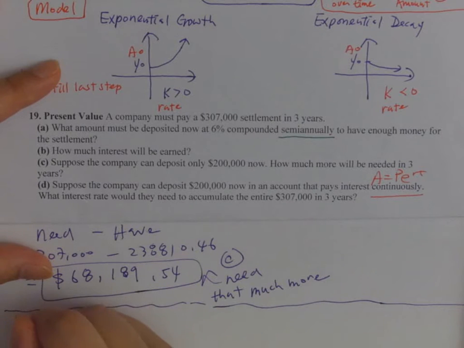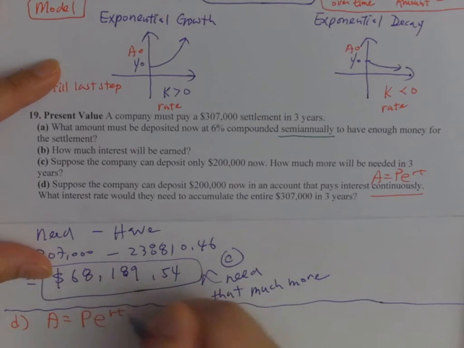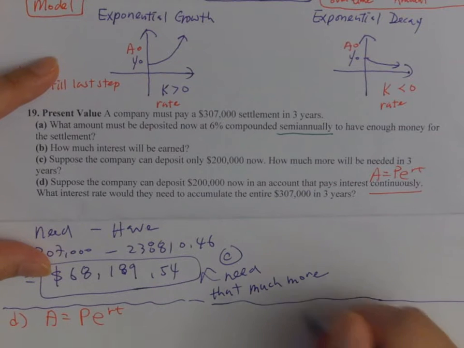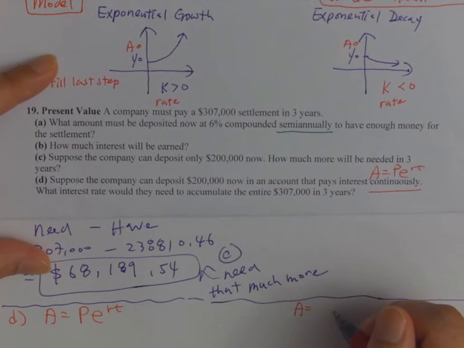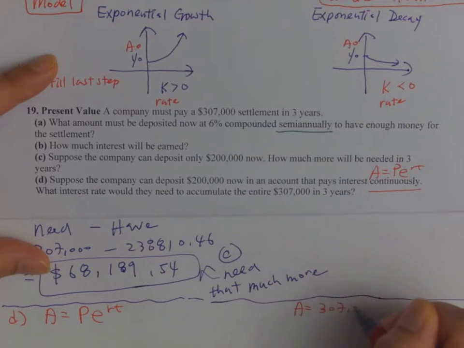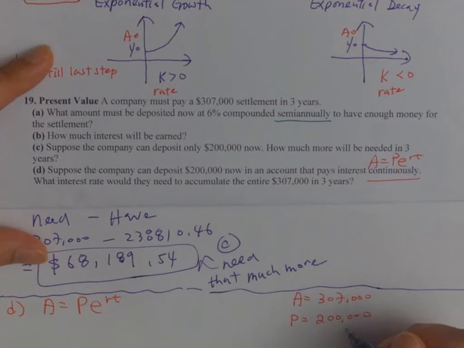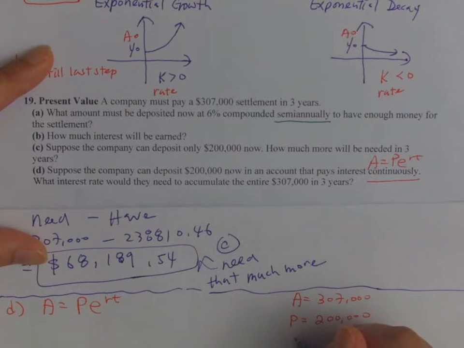So for D, we're going to use A equals Pe^(rt). And we have A equal to 307,000 and P is 200,000, and e is on your calculator, and r we don't know. t is going to be 3 years, right?